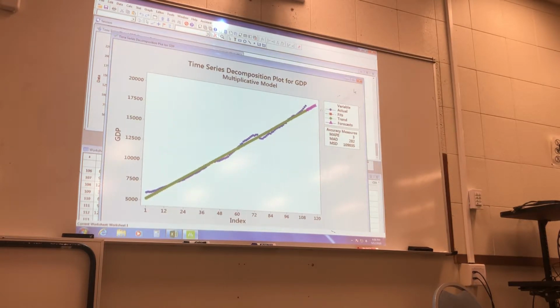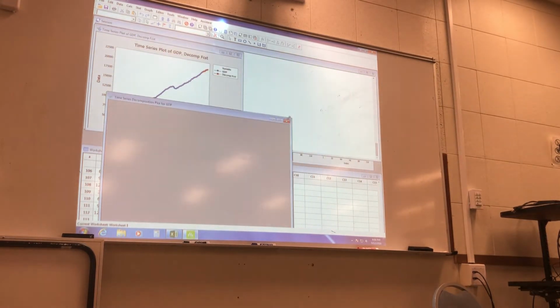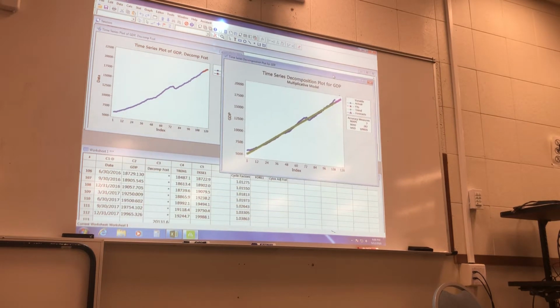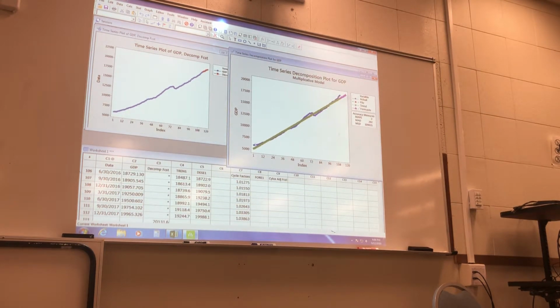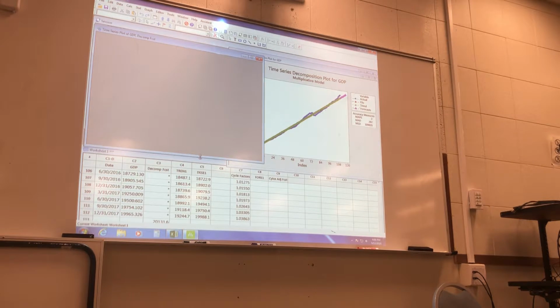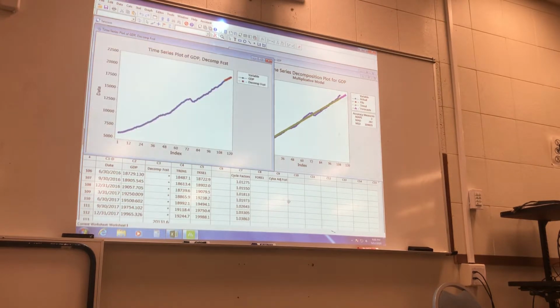Shrink this one down just a tad. Which one do you believe in? Which one looks better? The decomp forecast, see the GDP? Looks reasonable, doesn't it? Yes?